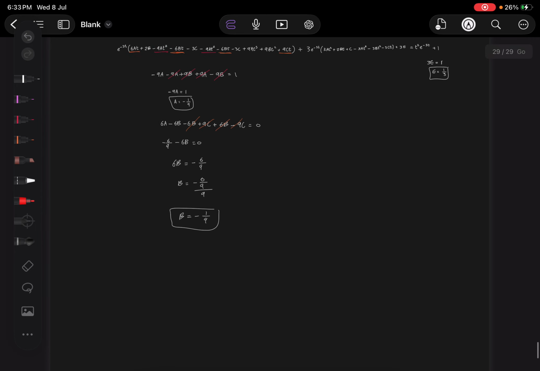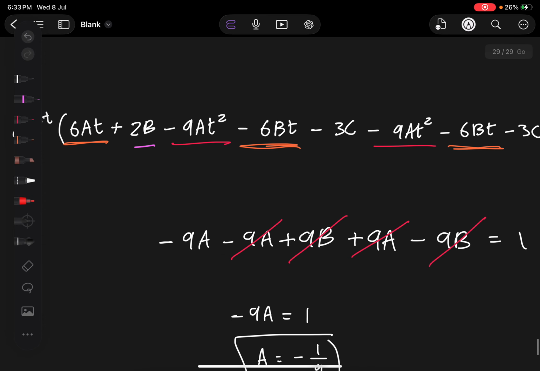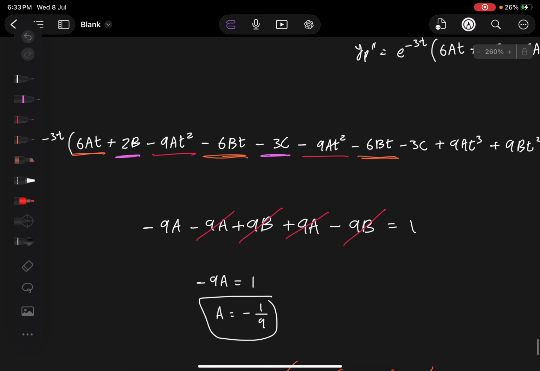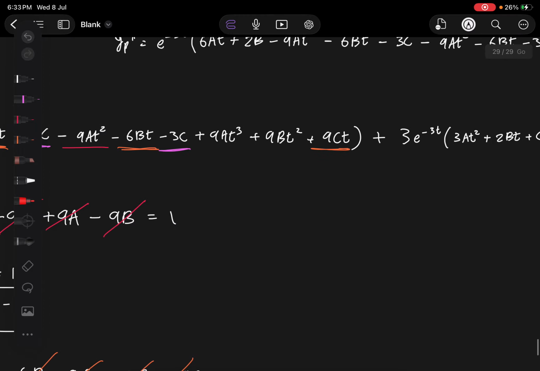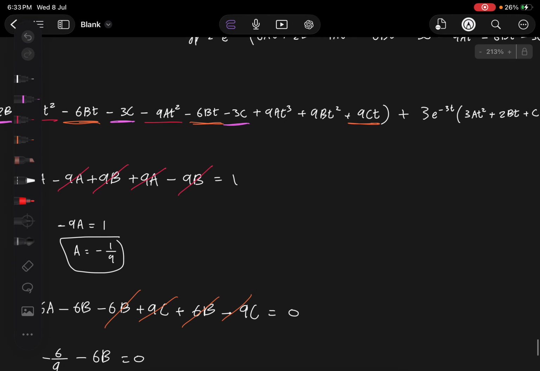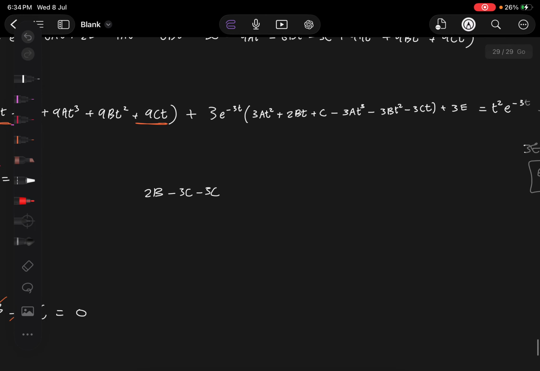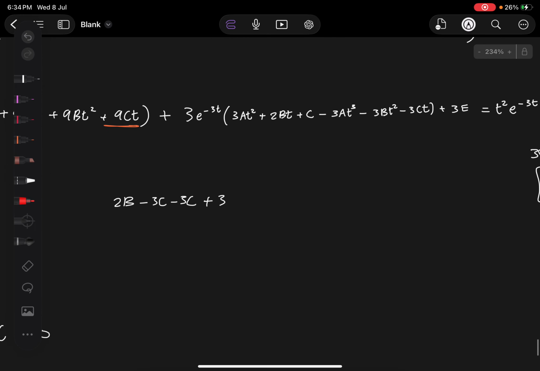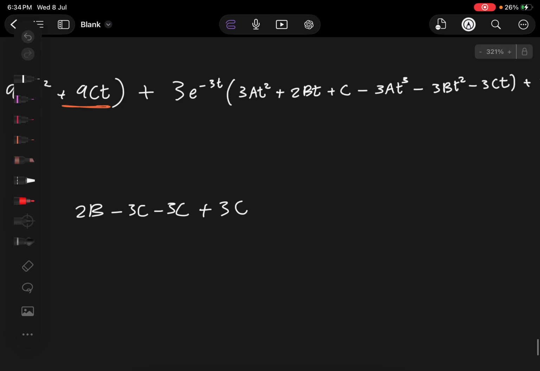So that's a, b, c is left. So now 2b minus 3c minus 3c plus 3c, that's it, equals 0.